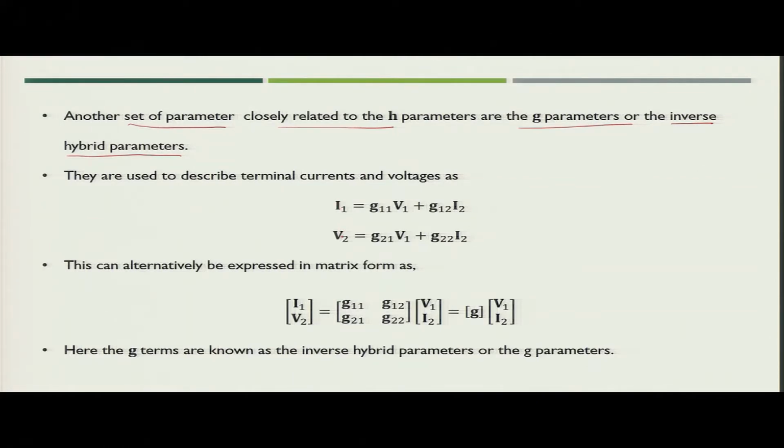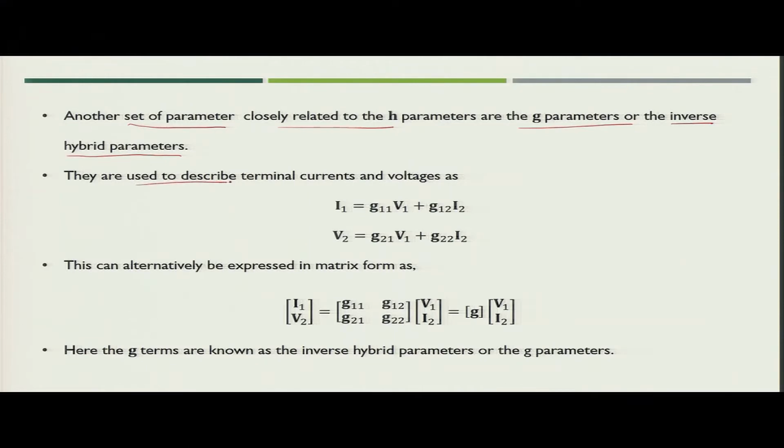Now when you are defining the G parameters, or you can say the inverse of H parameters, we will have the dependent variables as I1 and V2, and the independent variables will be V1 and I2.